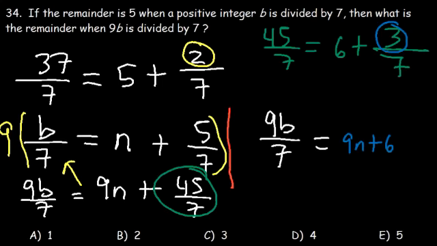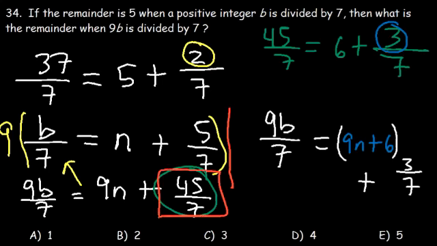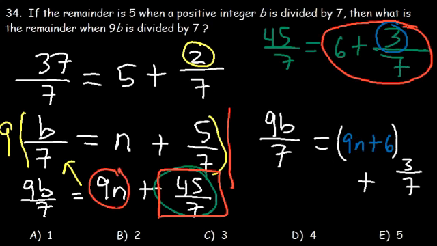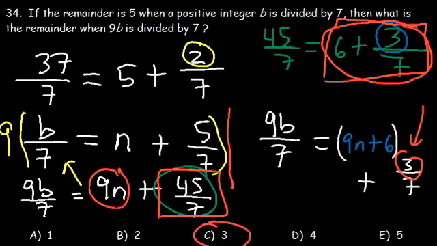So 7 goes into 9b 9n plus 6 times, and the 3 is remaining. All I did was replace the 45 over 7 with 6 plus 3 over 7. So that's why it's 9n plus 6 plus 3 over 7. And so the remainder is 3. So 3 is the final answer to this problem.